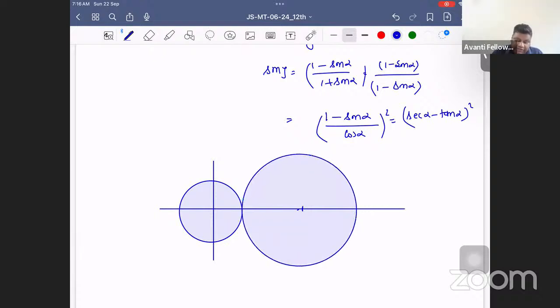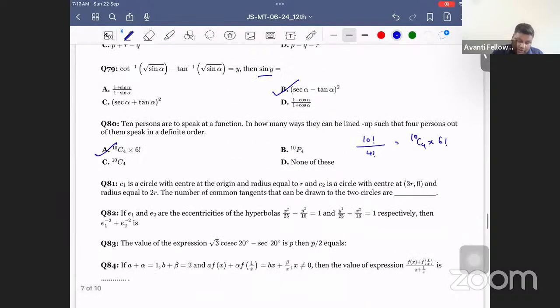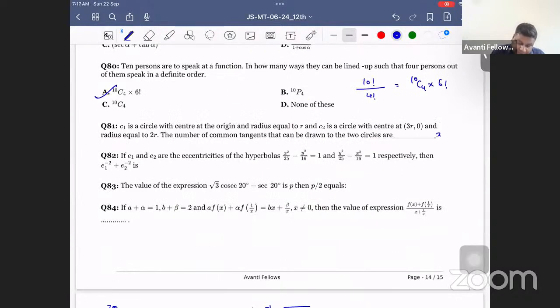If they are touching each other externally, they will have a total of 3 common tangents. One this, one this, these are 2 direct common tangents, and one this, which is their transverse common tangent. So there are a total of 3 common tangents. Got it? So the answer will be 3.